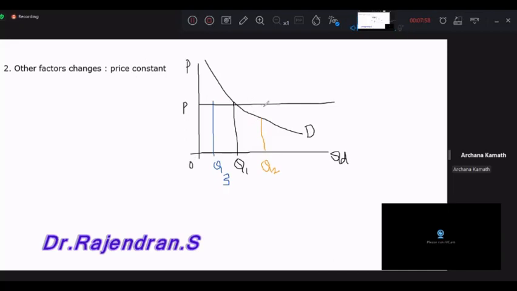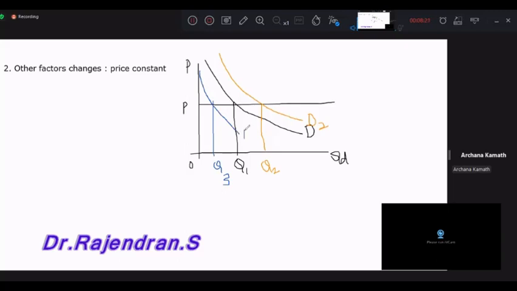If you are planning to increase your consumption at the same price, your demand curve shifts to the right. Somebody already said your family size could have increased. This causes the demand curve to shift towards right. Same way, if your family size has fallen, members might have shifted to some other place.